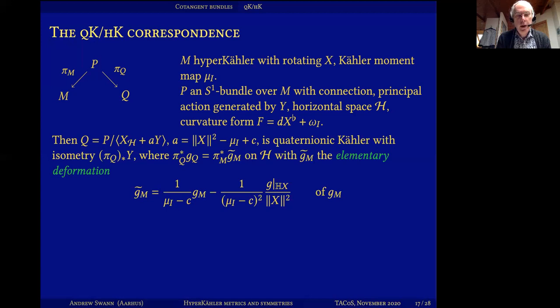But there's a slight catch in this construction. The metric you have to put on Q comes not from the metric you started with on M, but from what I call an elementary deformation of that metric. So it's almost a conformal rescaling of the metric, but you have to use different conformal factors in the direction spanned by X, and the directions orthogonal to X. So it's an elementary deformation of this metric here.